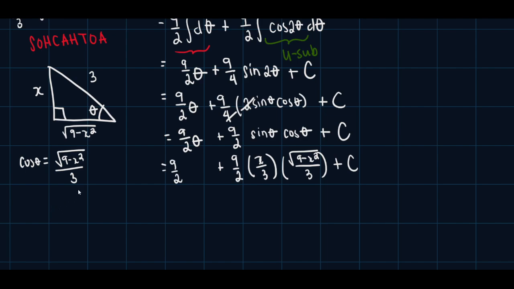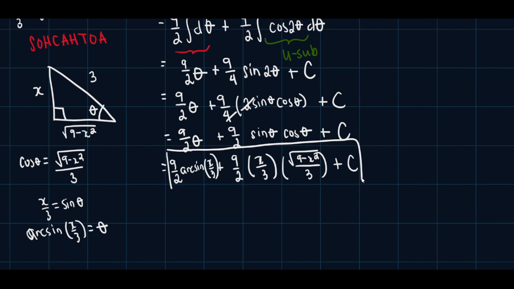Okay, we simply have to solve this trigonometric equation. So x over 3 is sine theta. So this is actually arcsine of x over 3 equal to theta. So this is our answer.